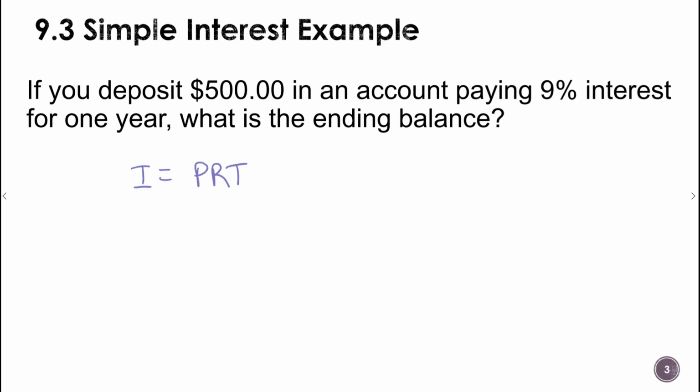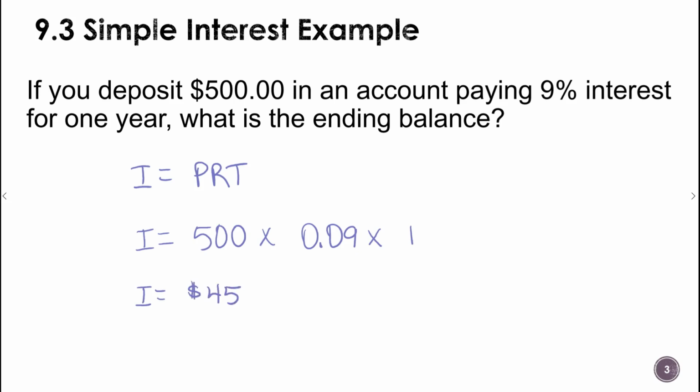So this is a simple interest example where we're just going to take $500 times our rate, and for 1 year, multiplying by 1's not really going to matter, but we're going to show that anyway. And so our interest is $45.